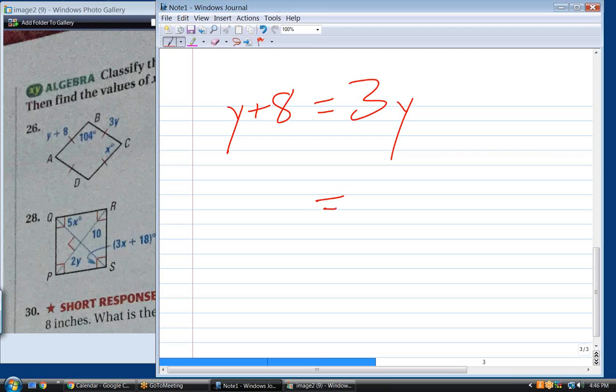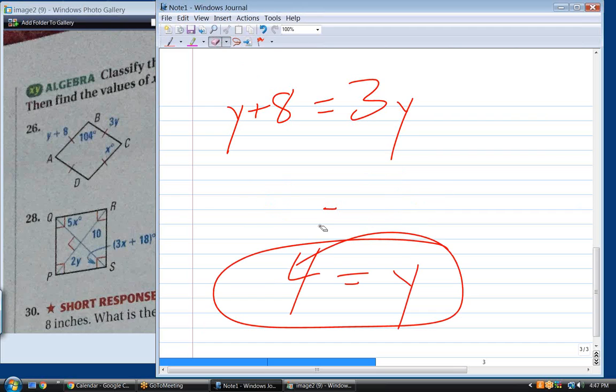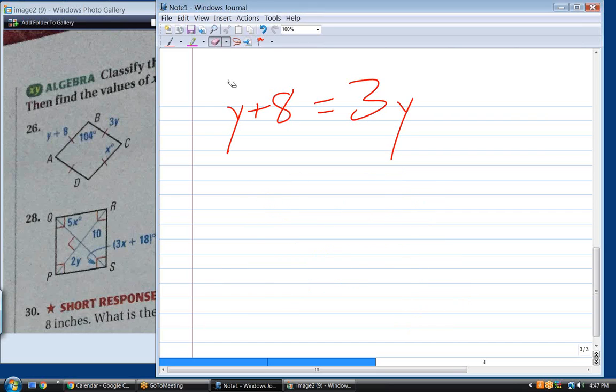All right. So to gather them on the right side, I need to do what? Subtract y from the right, and then subtract it from the left. What's 3y minus y? 2y. What's y? Oh, y is equal to 4. There you go. Notice that it's a little bit easier. If I go the other way, I've got a bunch of negative signs.